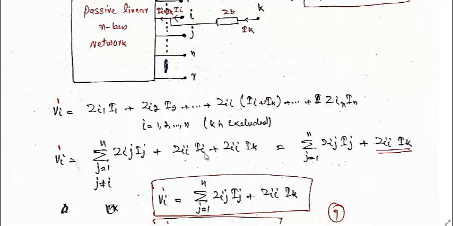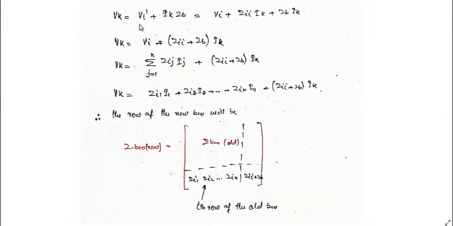Now I can include this in the summation, and I will get the summation j equal to 1 to n of ZIJ IJ plus ZII IK. Now you can see this is actually the VI that I told you about. This VI dash has changed from VI to VI dash because of the additional term. So VI dash will be equal to the summation j equal to 1 to n of ZIJ IJ plus ZII IK. I can write it like this.